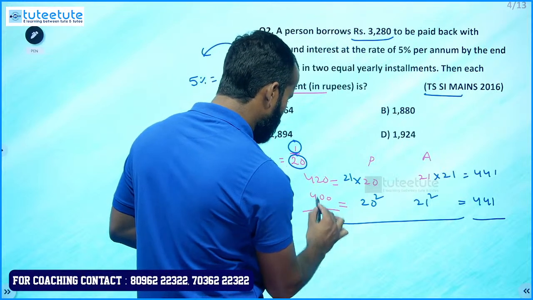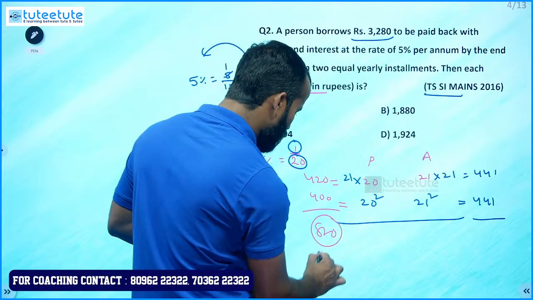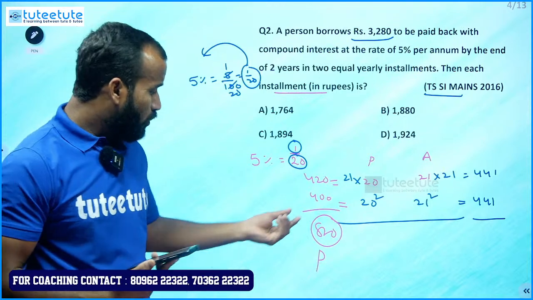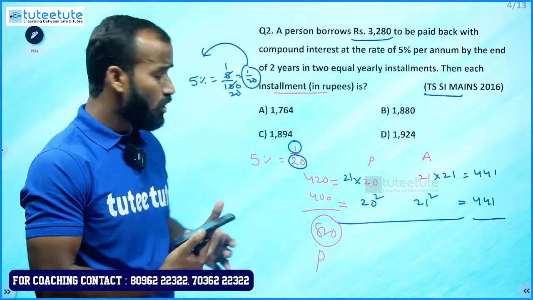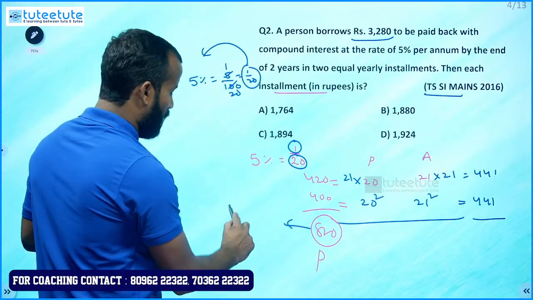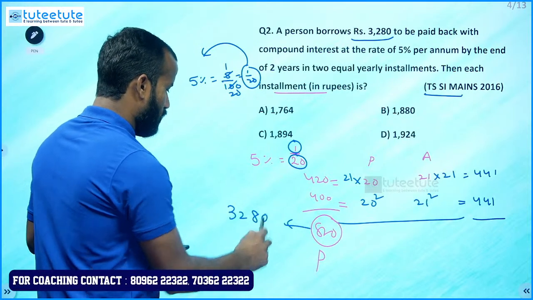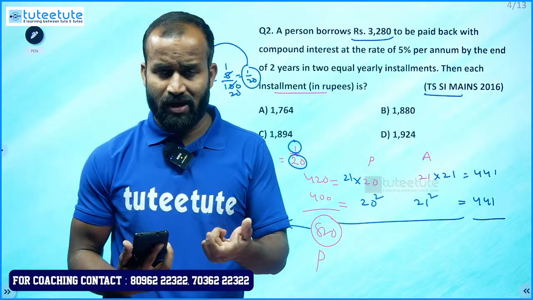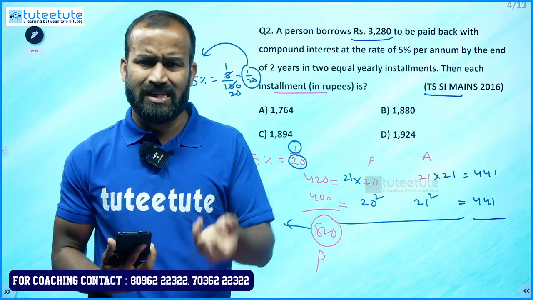So total 820 will be the principal. So 820 parts value is given. 820 parts value how much given? 3280.